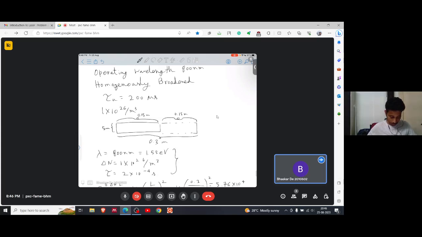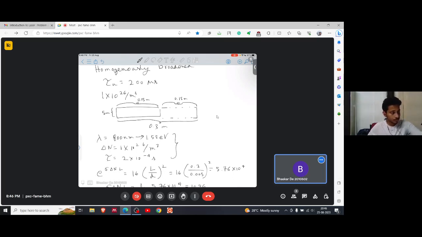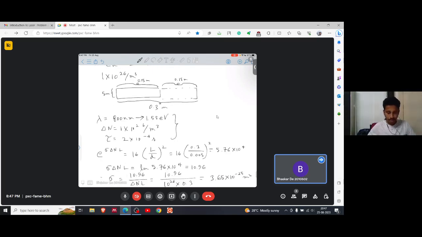So 800 nanometer corresponds to 1.55 electron volt.